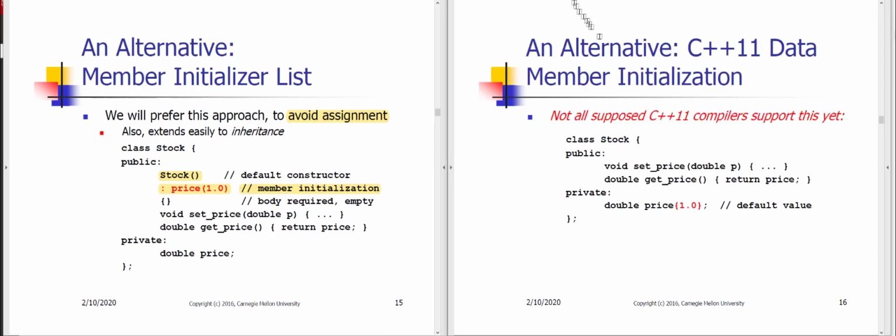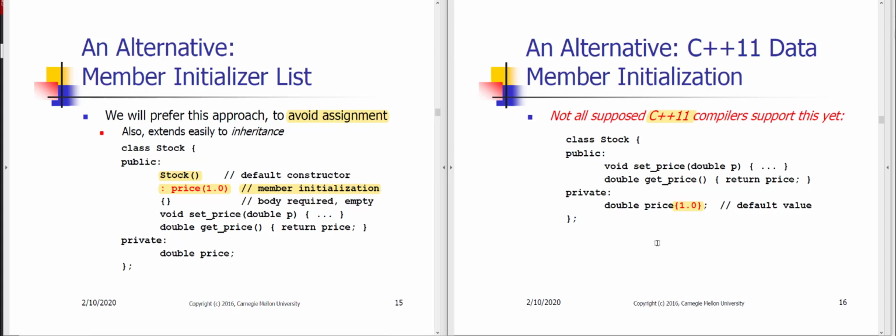And furthermore, it turns out if you have a C++11 compliant compiler, you can use curly braces right in the declaration of the data member to specify the initial value that you want that data member to have. And in this case, since all I care about in my construction is that the price is set to 1.0 by default, now I can get away without even having a default constructor.